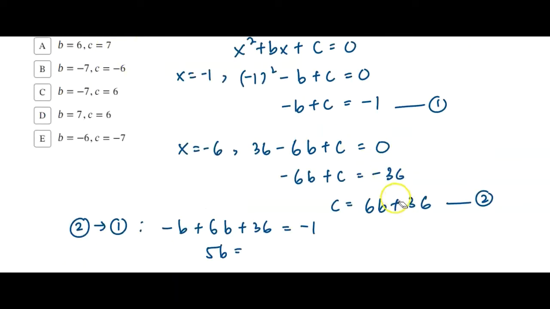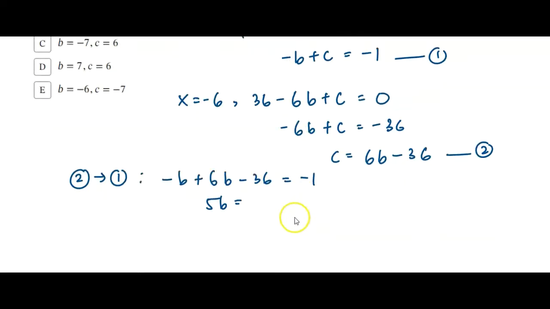Sorry, this sign should be negative, negative 36. So going to correct this. This will be negative 36. And if this is negative 36, you bring over to the right side, you get a positive 36, so you have 35 here, and b is 7.